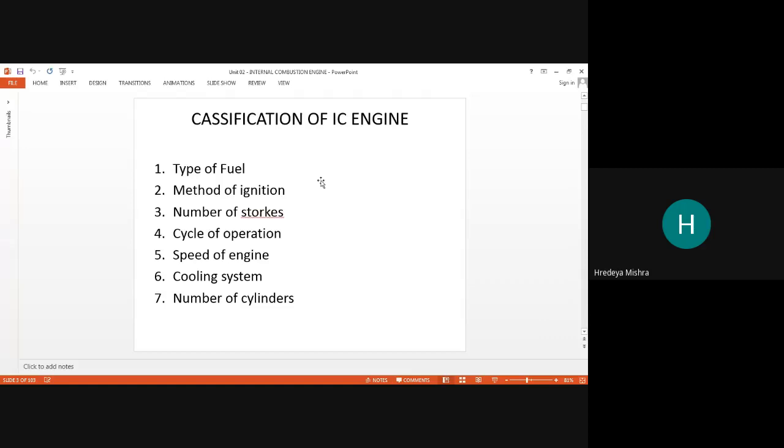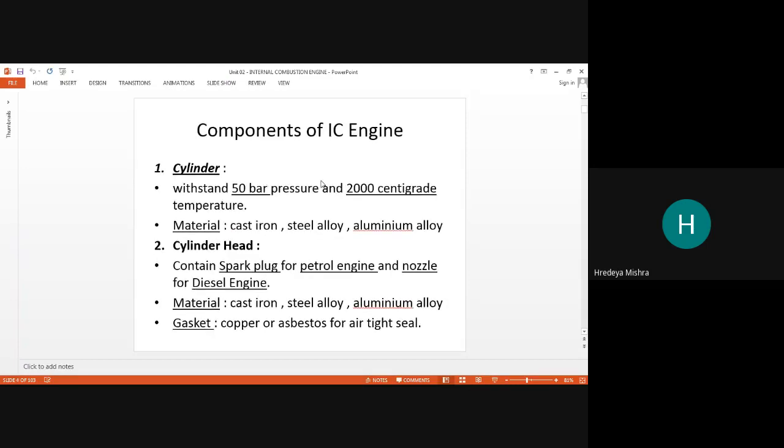Okay, so next is cycle of operation, speed of the engine, cooling system, and number of cylinders, meaning single cylinder and multi cylinder engines. So what are the important components of the IC engine?